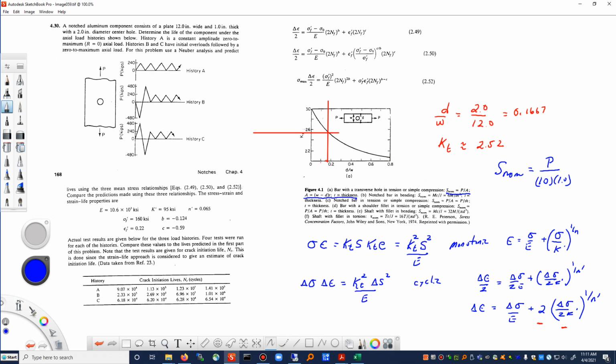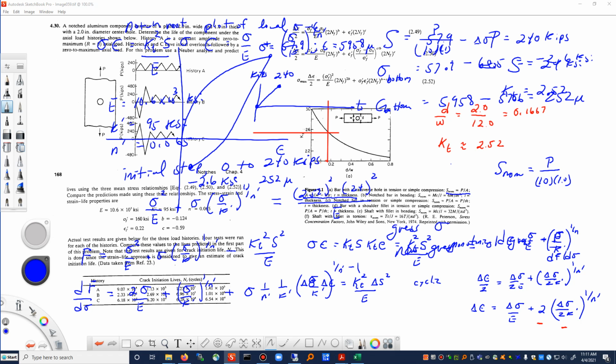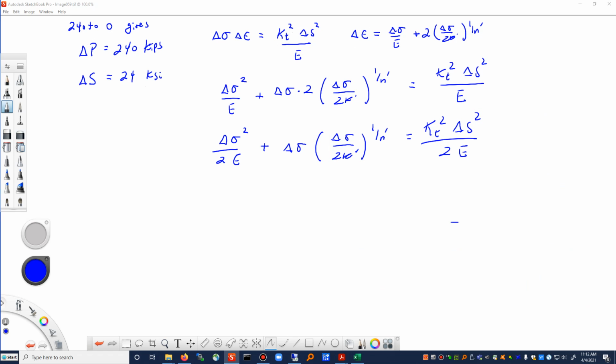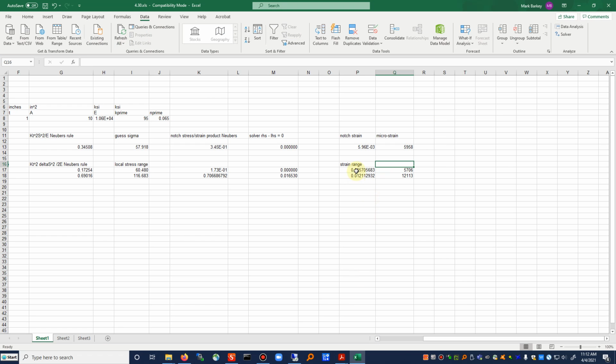So from 0 to 240, I'm going to have a delta P of 24 kips. I'm going to have a delta S of 24 KSI. I'm going to apply these formulas again. I'm going to get the exact same values for stress range and strain range as I had previously, except now I'm on the upslope.